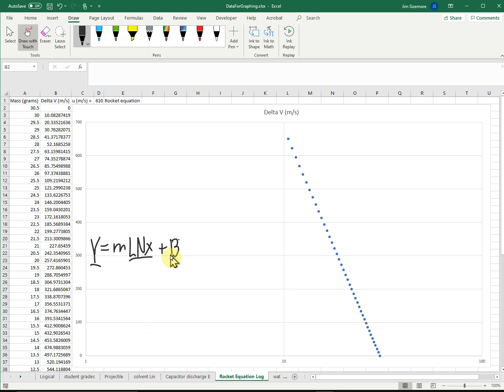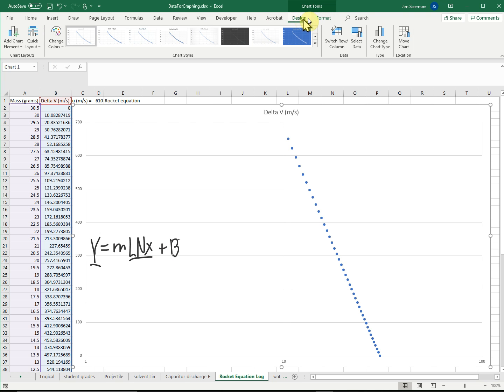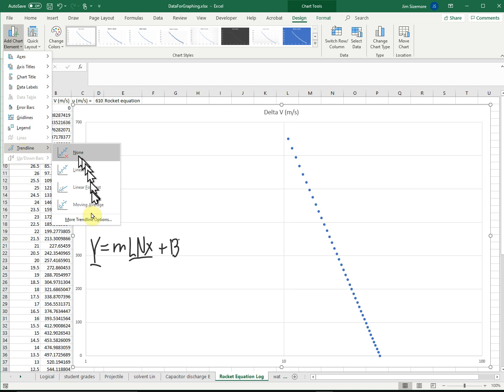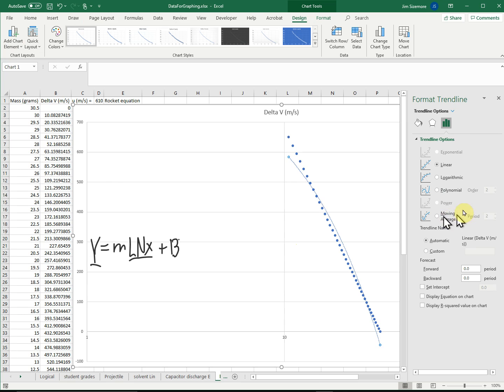So let's go ahead and do that now. Get out of my drawing tool, go back over to the chart tool, and there we go. Add chart element, trend line, more trend line options. Logarithmic.